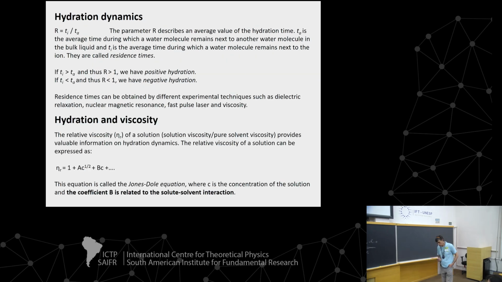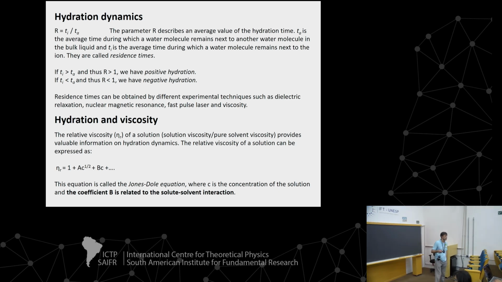You can also measure or calculate hydration dynamics. In this sense, you can calculate these R numbers, which are the residence time of the water molecules around an ion, divided by the residence time of a water molecule in the bulk around other water molecules. If this gives you a large number, we are going to speak of positive hydration, since the water molecules spend more time around the ion than around other water molecules.